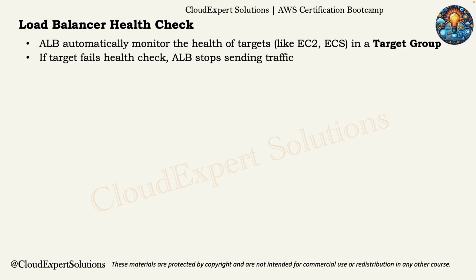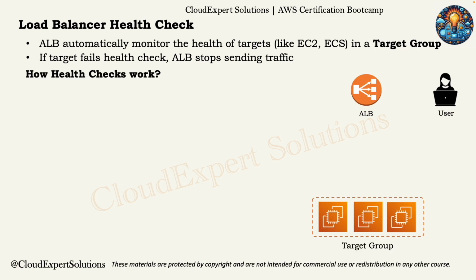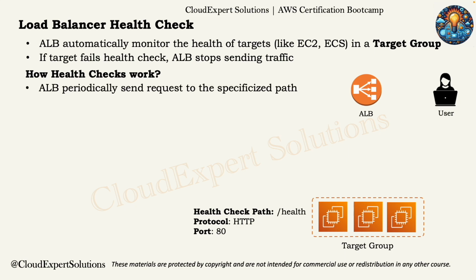You must be thinking, how does it work? Let's assume you have 3 EC2 instances behind an application load balancer and you have configured health check with a path set to /health, protocol HTTP and port 80. Now application load balancer will periodically send request to specific path, that is /health for our case, on each target.